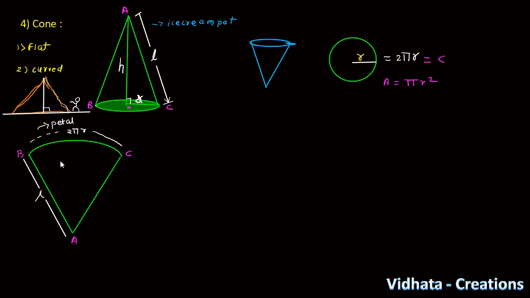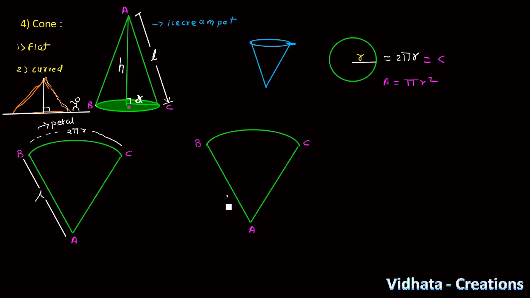It means when you flatten the curved surface area, this length in the petal will be here, and when you flatten it, this length will be equal to the circumference of the bottom circle, 2 pi r.